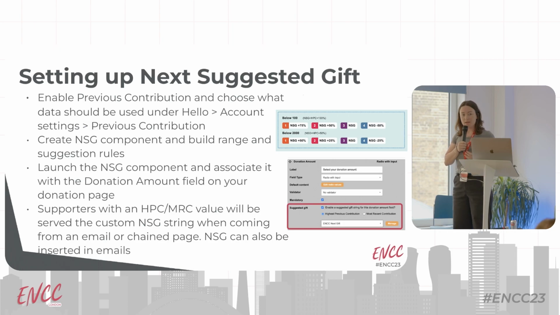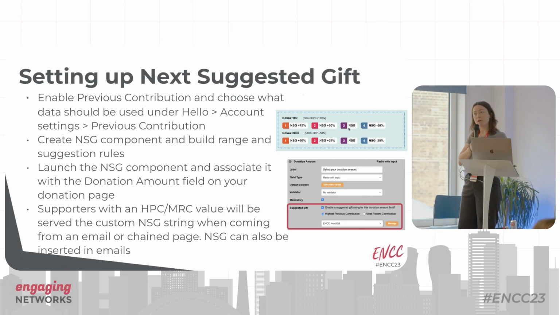Once you've enabled previous contribution, you would be able to build out the Next Suggested Gift component. That is, again, a page component, so it's going to be under pages and components. Basically, you're going to define the next suggested gift using either HPC or MRC, and then you can build the string out around that value.